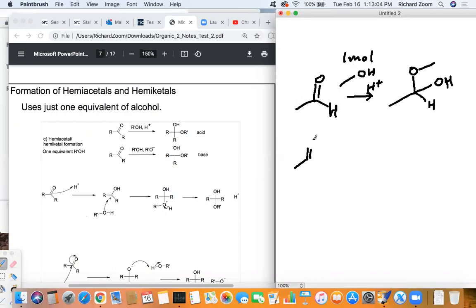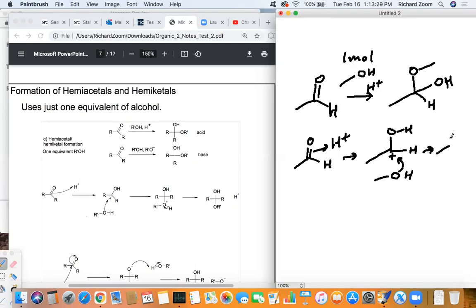So the mechanism goes something like this. The H plus will add to a C double bond O first. You'll see this happen again and again, by the way. And then we can add our alcohol group. And again, look at the direction of the arrow. It comes from the O and goes to a C plus. And then we can lose the H off the O plus.